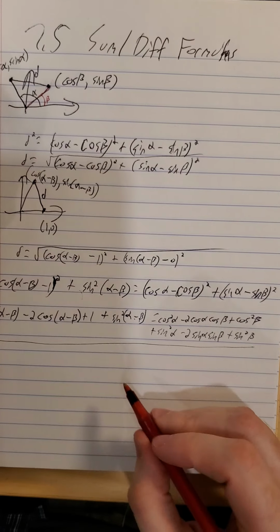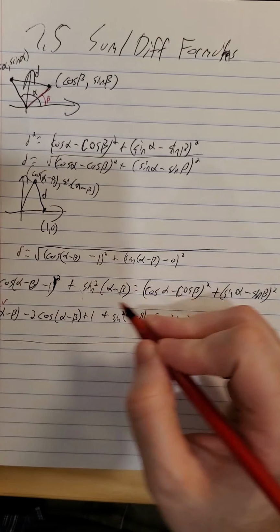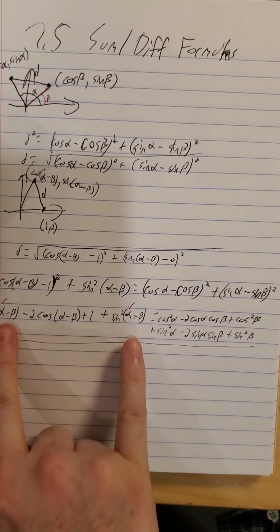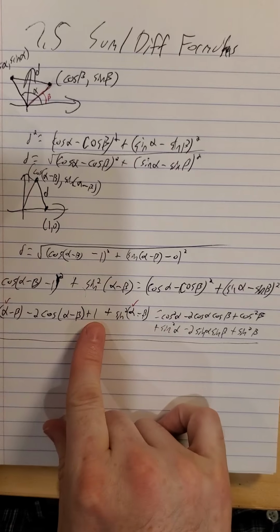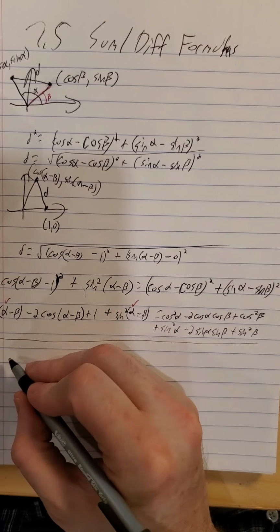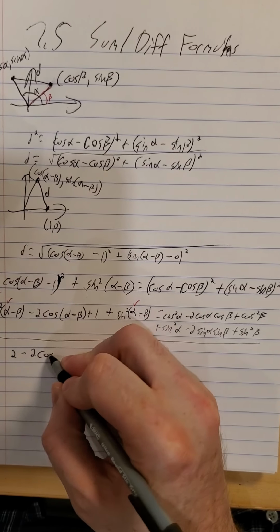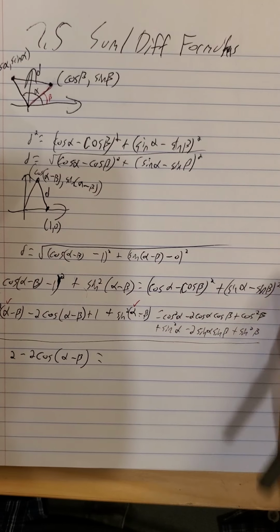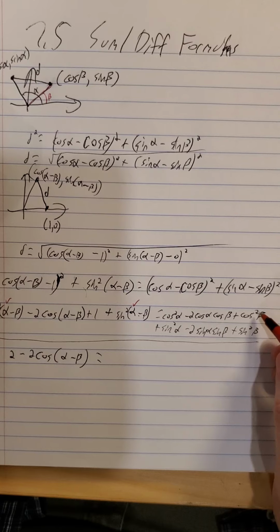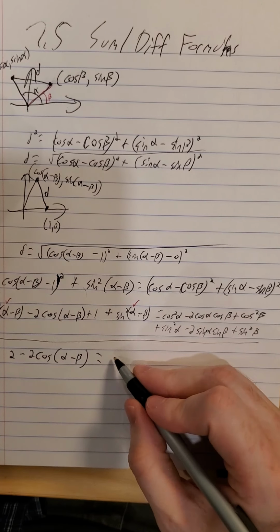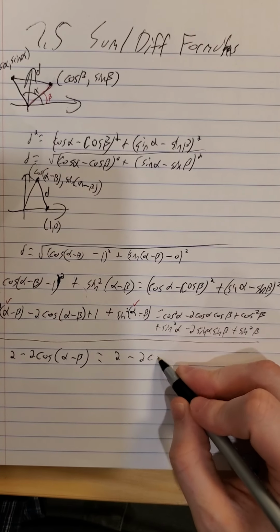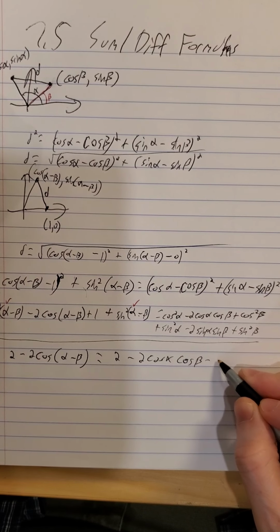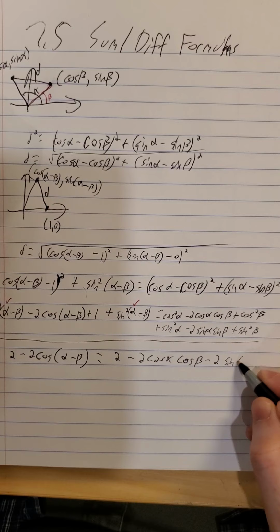So we have a little bit of simplifying we can do. Cosine squared plus sine squared is a 1. We have another 1 here, so we have 2 minus 2 cosine of alpha minus beta. It's worth, here's a 1, here's a 1, 2 minus 2 cosine alpha cosine beta minus 2 sine alpha sine beta.